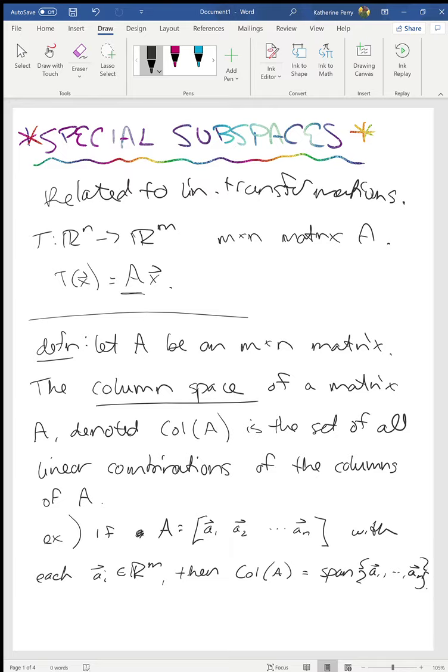And the proof of this was basically outlined in class when we were arguing that the span of two vectors, or all linear combinations of two vectors, was a subspace of Rn. In that instance here, this column space is a subspace of Rm.